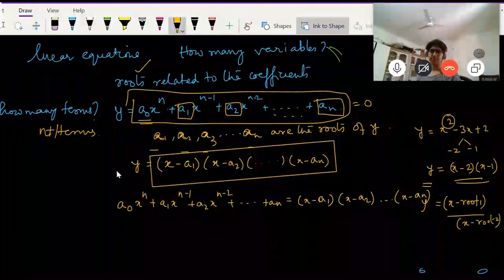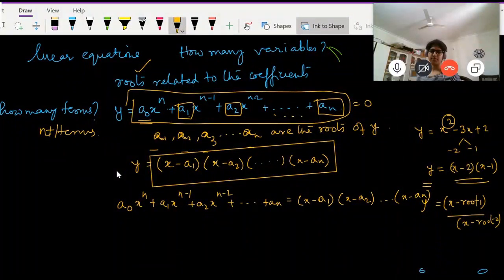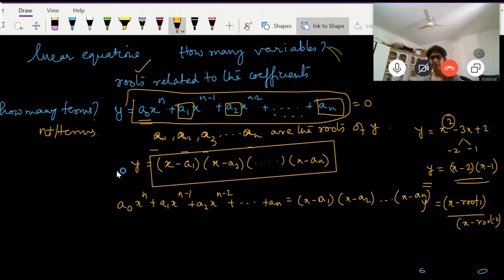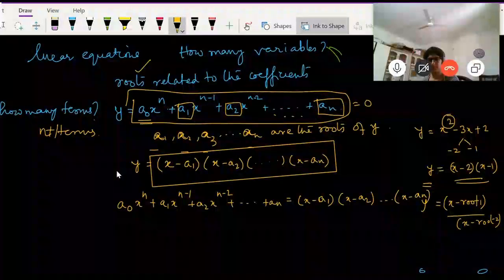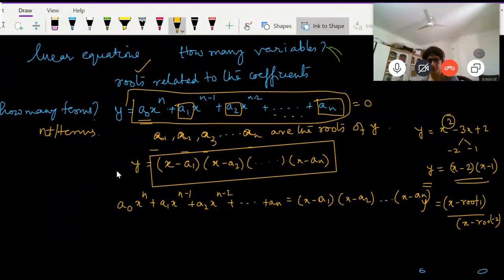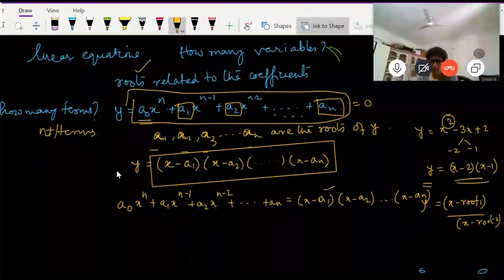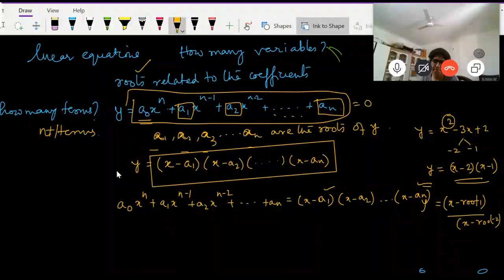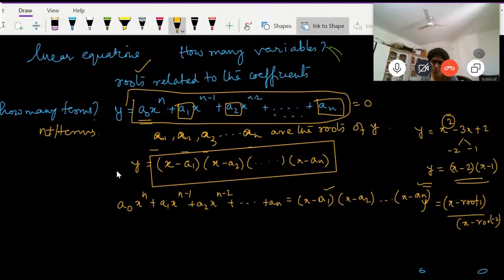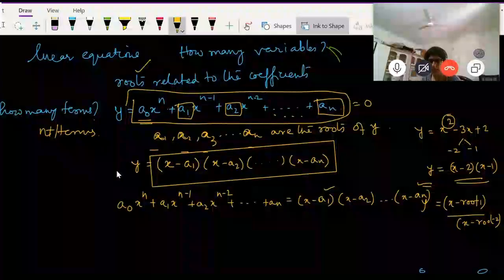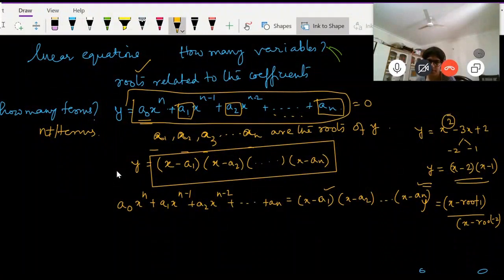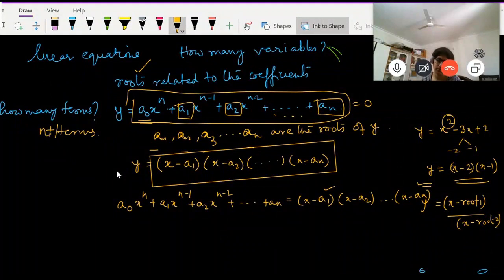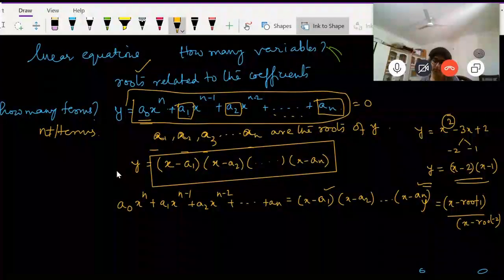Now, look at this equation. Here we have a total of n terms from a1 to an, right? We have a total of n terms. Now what we will do is we will equate the coefficients of the powers of x from both sides, right?